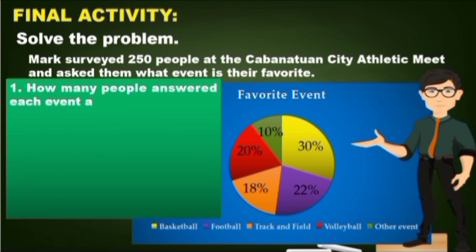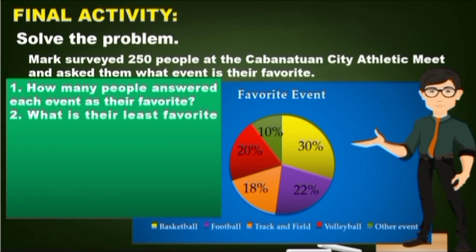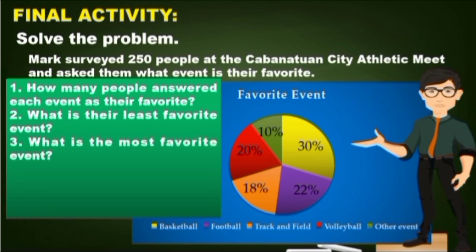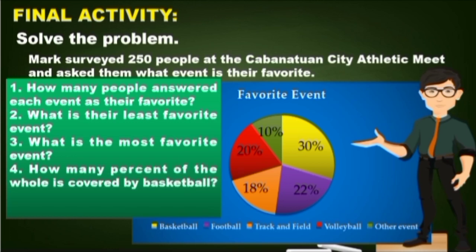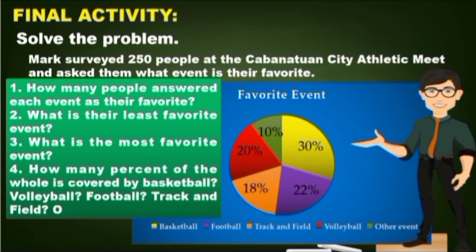Number 1, how many people answered each event as their favorite? Number 2, what is their least favorite event? Number 3, what is the most favorite event? And number 4, how many percent of the whole is covered by basketball, volleyball, football, track and field, and other event?